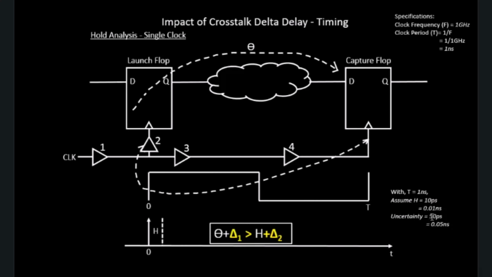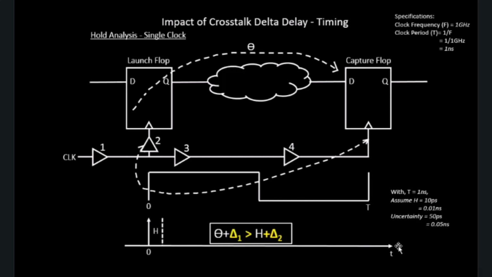The reason uncertainty is less over here is that it's the same edge going to the launch and the capture flop, so whatever jitter will be present will be the same for both. We'll cover all these nomenclatures in a separate section in the STA videos. Let's not get into those details at this point of time. So we have to cater to all these needs as well.